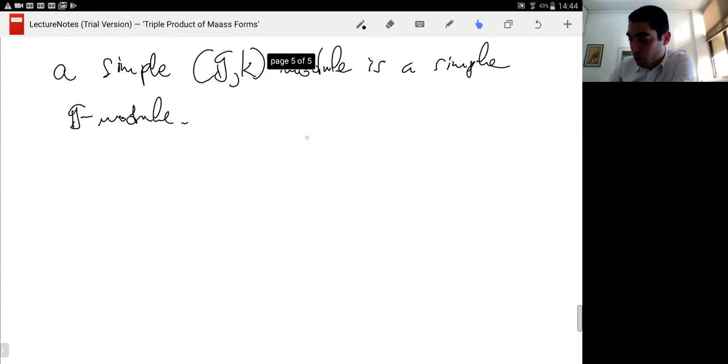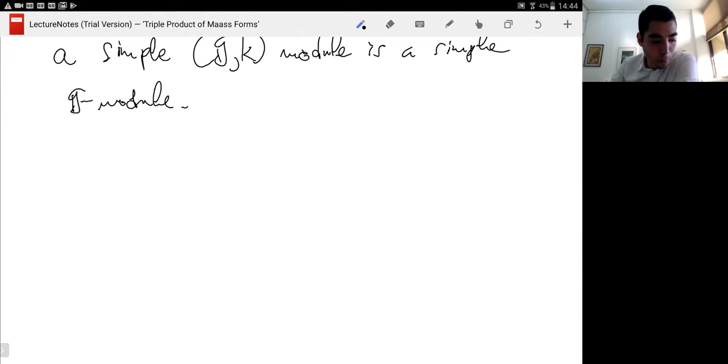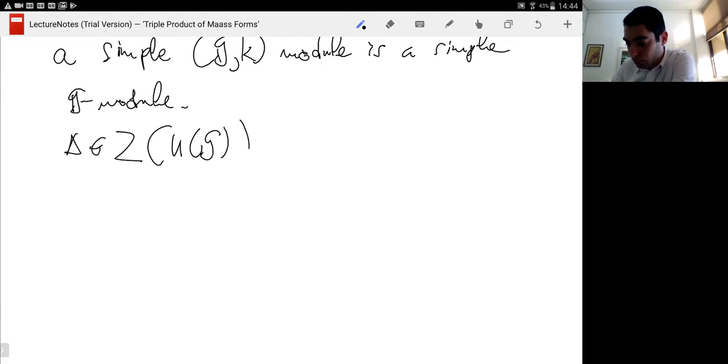So now we are ready for the main observation here: that if we take a central element, it's going to act by a scalar where it's defined.